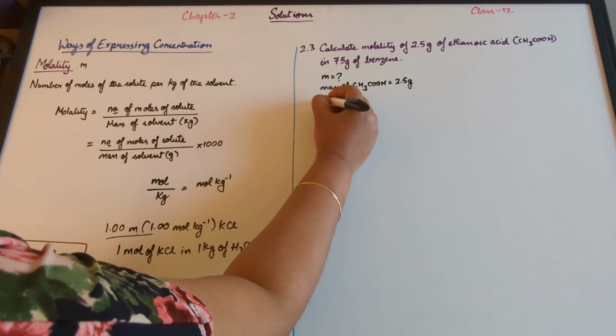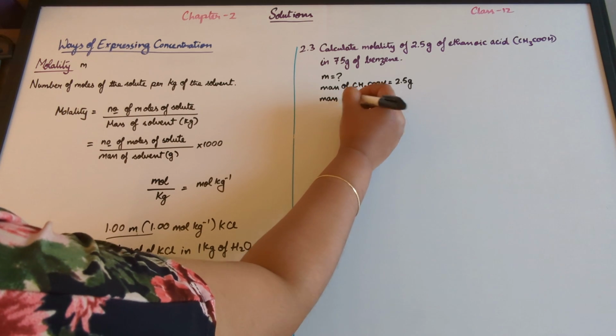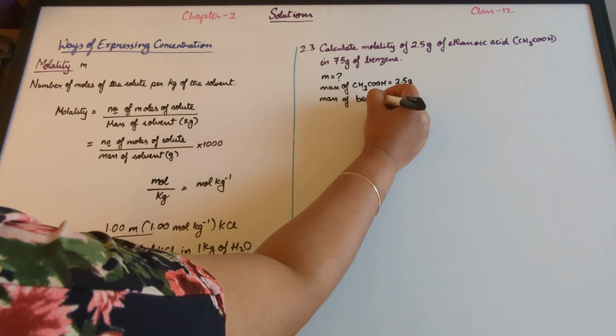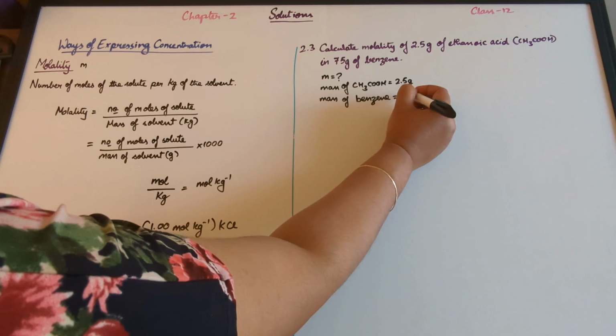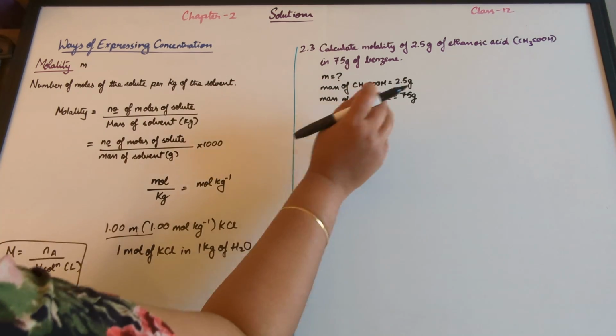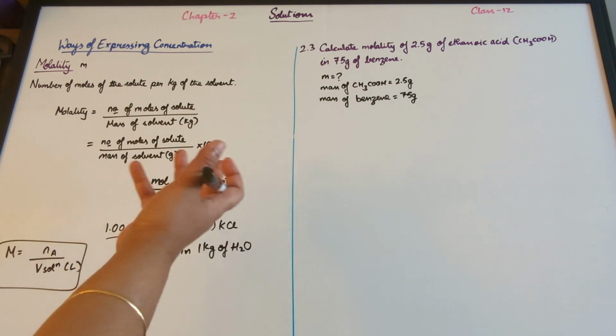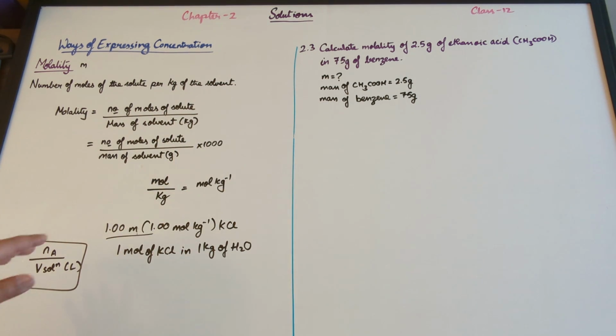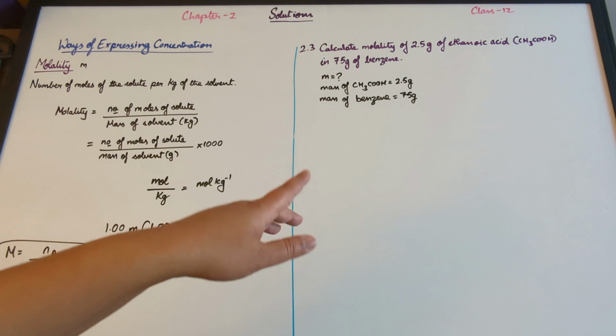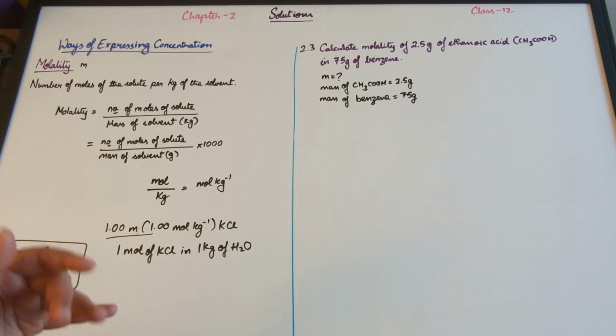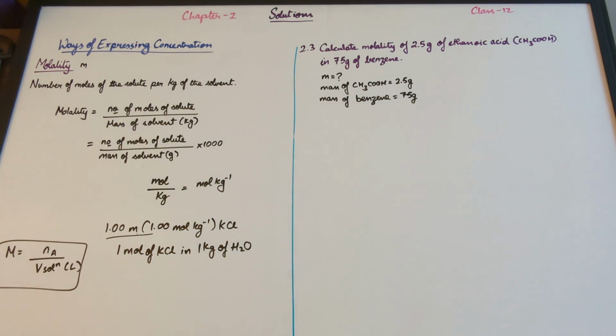We've also been given the mass of benzene. Benzene is the solvent, and we've been given its mass in grams. It's fine, we can just multiply it with 1000. And we've also been given the mass of the solute, so we can calculate the number of moles of the solute.